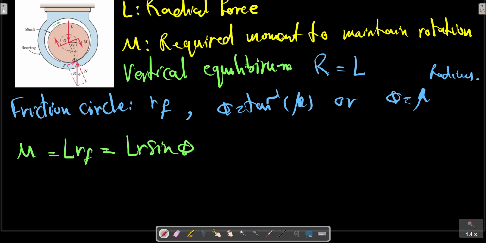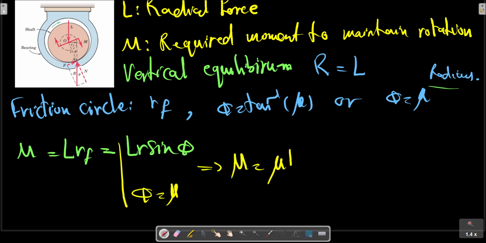For a small coefficient of friction, the angle phi is small, and the sine and tangent may be interchanged with only small error, since we can replace phi, tangent inverse mu, for a small angle. So M equals mu L R.